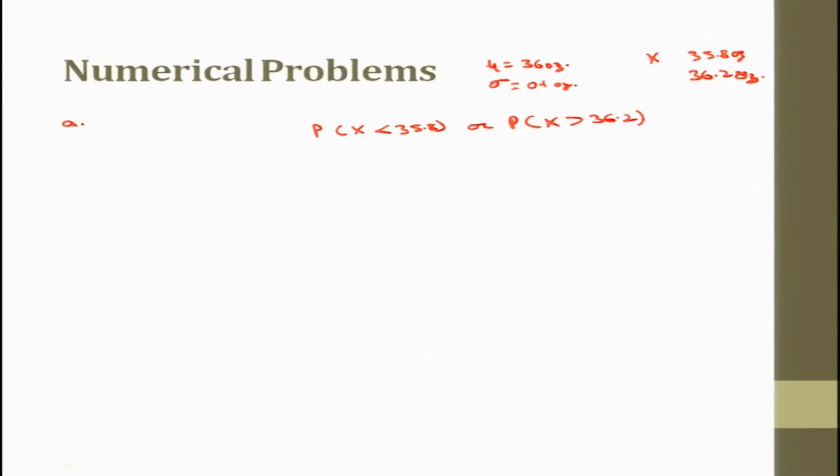When we try to compute this, we denote the normal distribution, as random variable x is normal with mu and sigma, which means this is a normal distribution with 36 and 0.1.